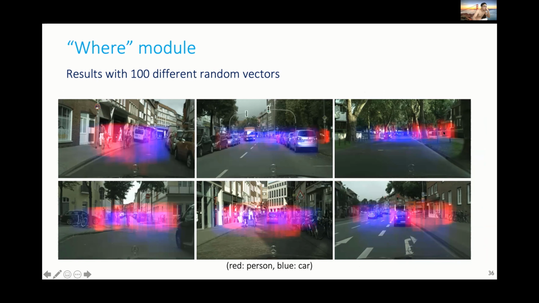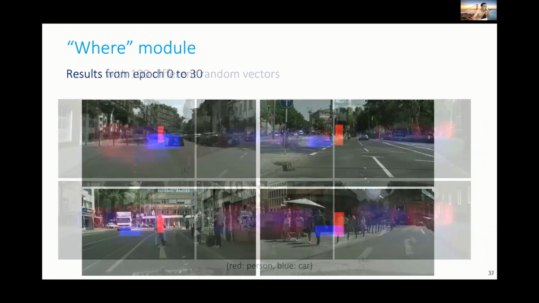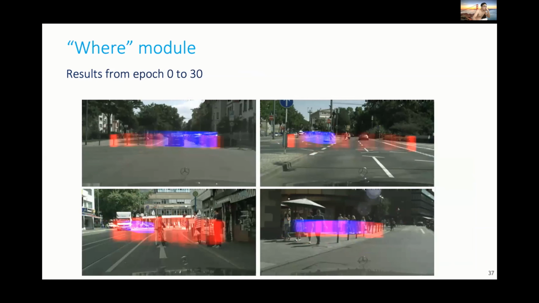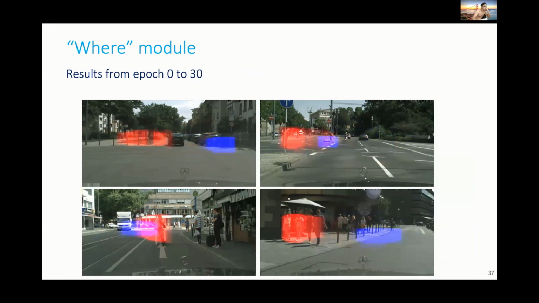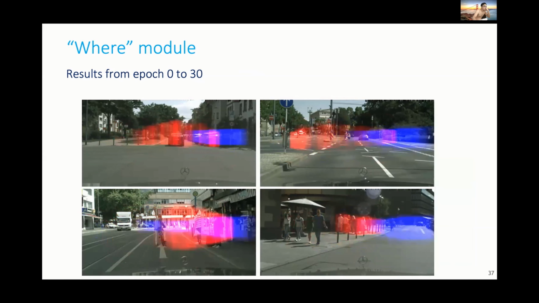For each one of them, we train one model. And here are the results where we can see how the model learns over the epochs. Gradually, the model learns to generate objects at more diverse locations and scales.